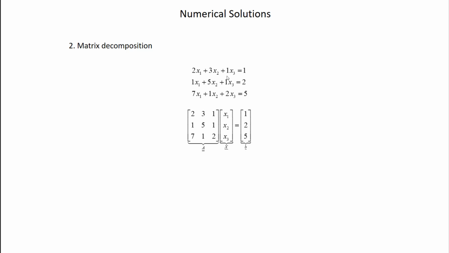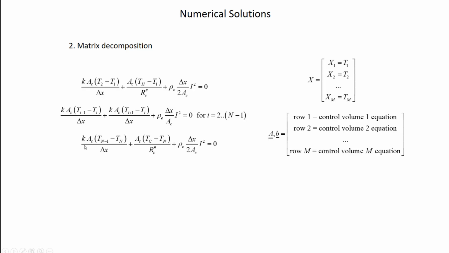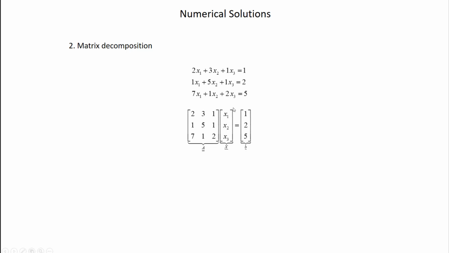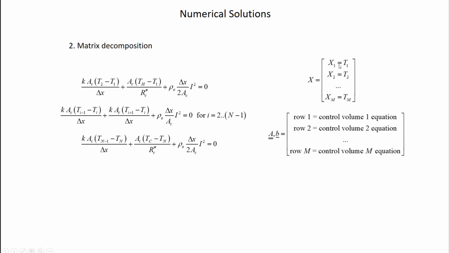So for me to put this system of equations into matrix form is literally just me deciding how I am going to order these unknowns in my vector x, right? So I ordered these unknowns into my vector x here in the logical way, x1, x2, x3. How am I going to order these unknown temperatures into my vector x?